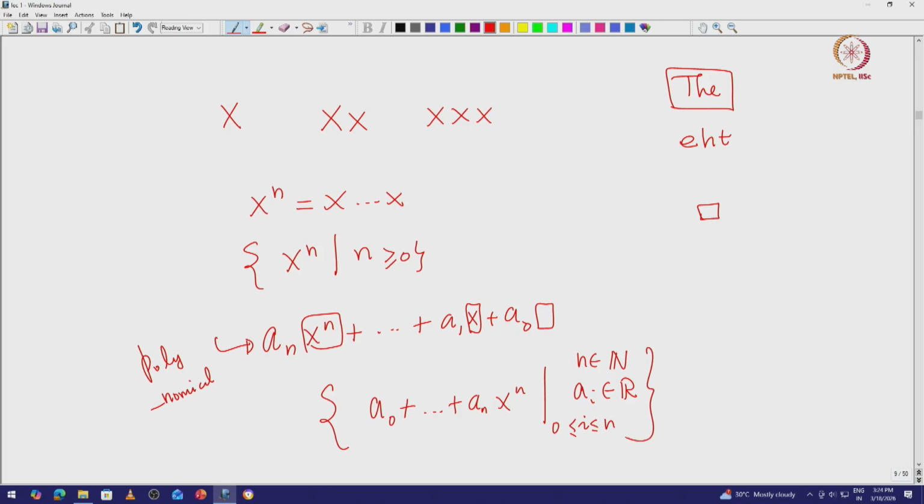Okay. This is the set of all polynomials that you can make, and usually we denote it by R bracket x. Okay. So, the upshot is that a set is very adaptive. So, we can make anything as a set.